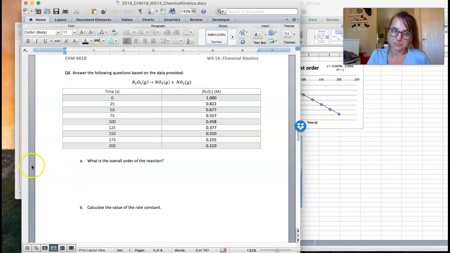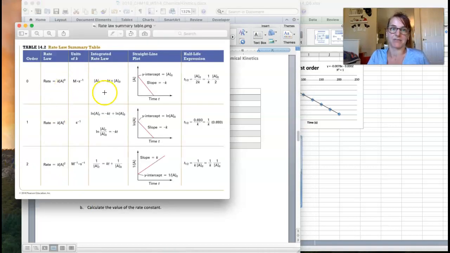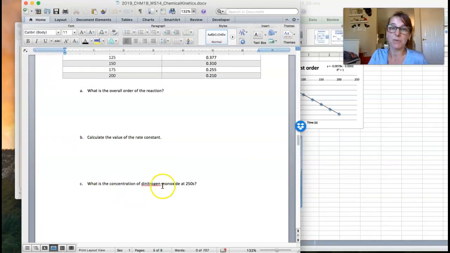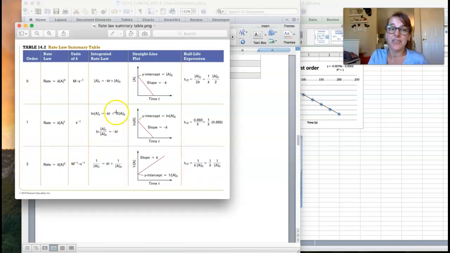Well, remember that the integrated rate law allows us to determine the concentration of a reactant after a specific amount of time has passed. So when you're asked what would be the concentration after a certain point in time, that would be the clue to use the integrated rate law, right?